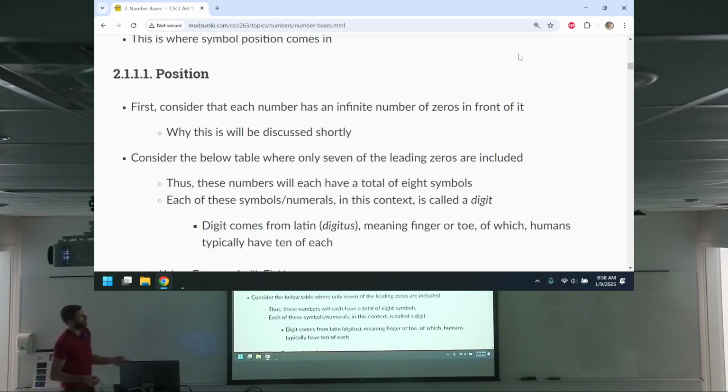So first, consider that each number has an infinite number of zeros in front of it. Why this is will be discussed later. Well, we just kind of talked about it. In the number 4, how many millions are there? Well, there's no millions in the number 4. No 100,000s, no 10,000s, no thousands, no hundreds.